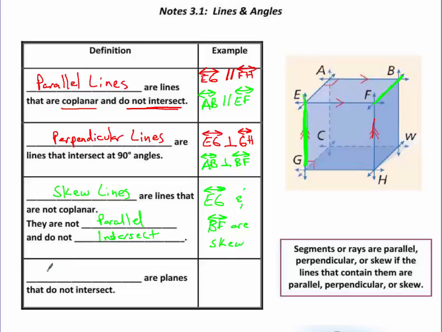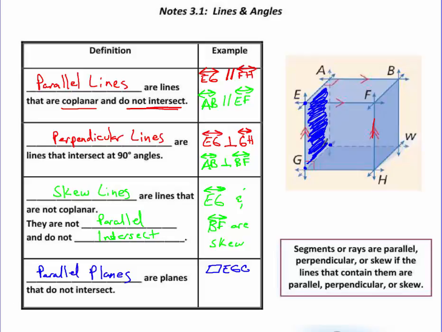And the last thing that we're going to talk about real quick are planes that don't intersect. So maybe you can guess that those would be called parallel planes. So an example would be plane EGC. So if we were going to color that in, that would be this side over here, right?